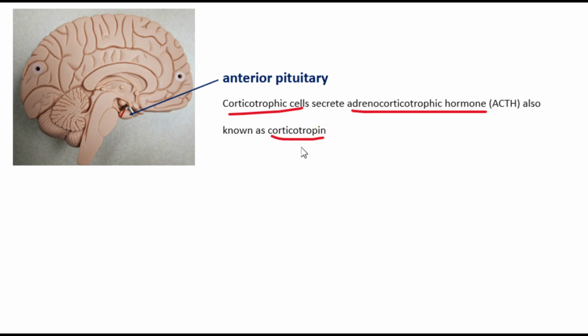This is the hormone that stimulates the cortex of adrenal glands, suprarenal glands, and stimulates secretion of cortisol and melanocyte stimulating hormone.